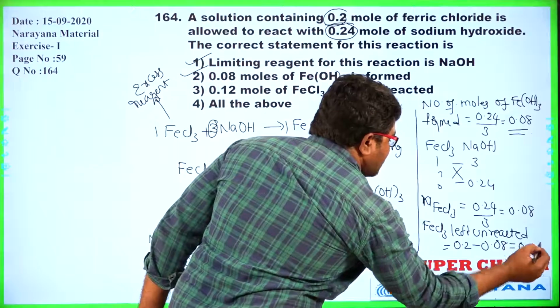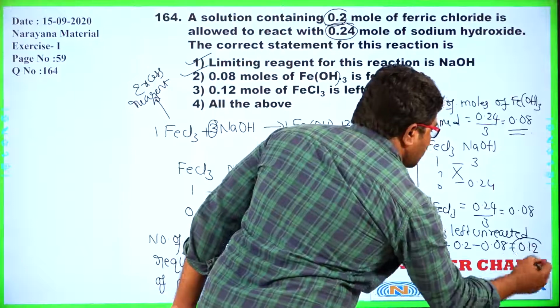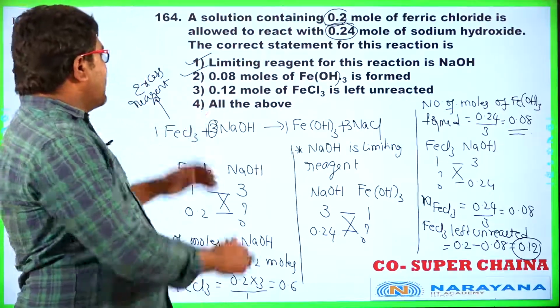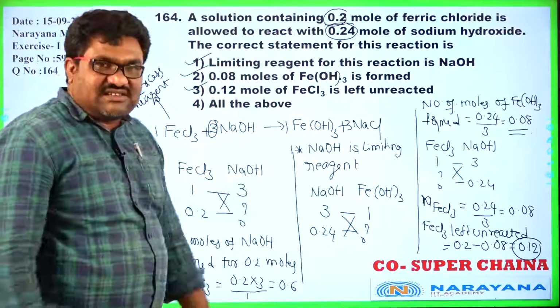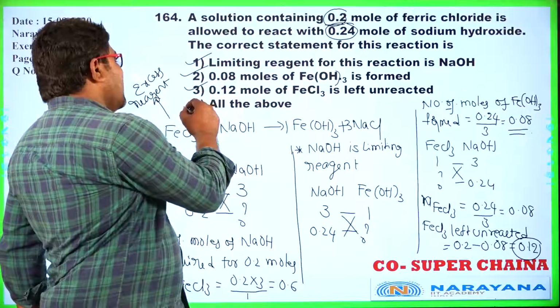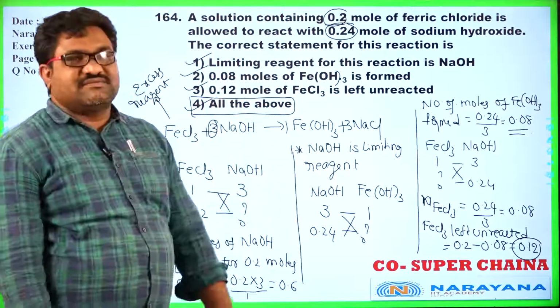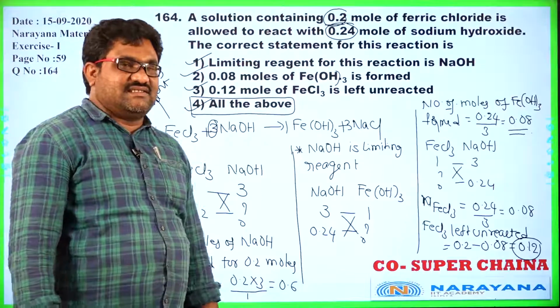So that is equal to 0.12. The number of moles left unreacted is 0.12. So the third option is also correct. So the correct option is all of the above. This is the right option.